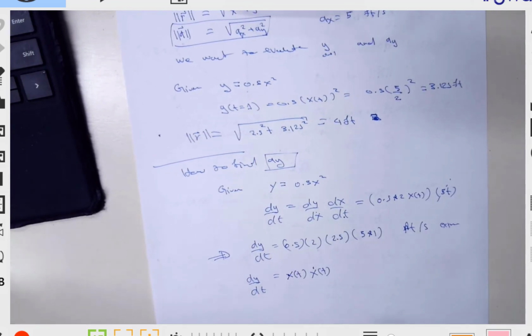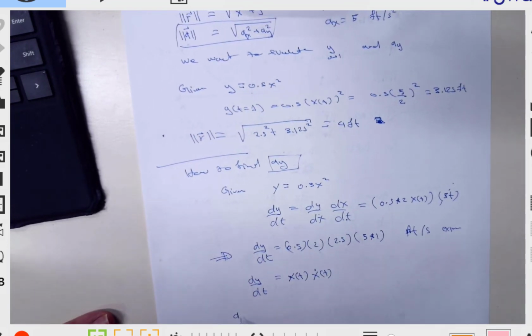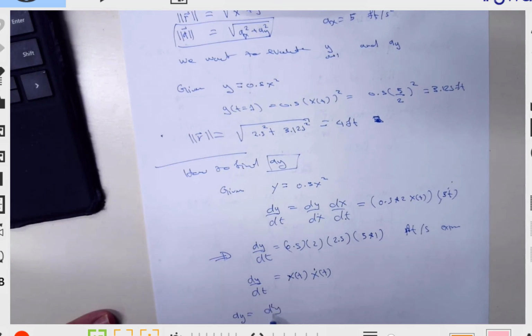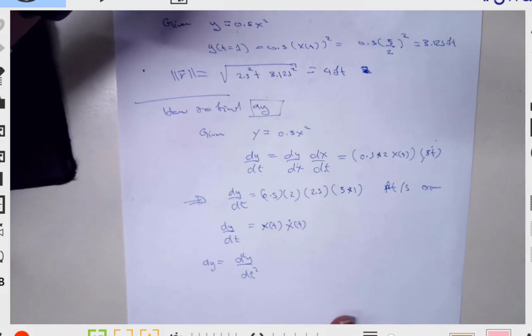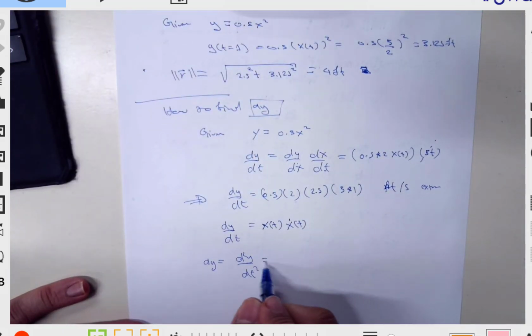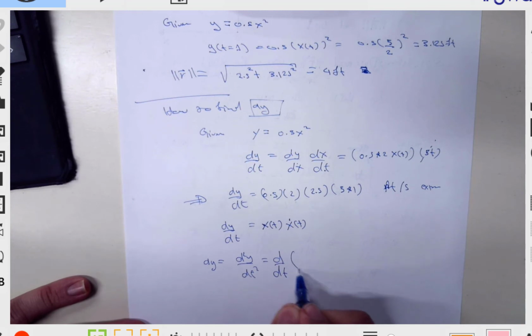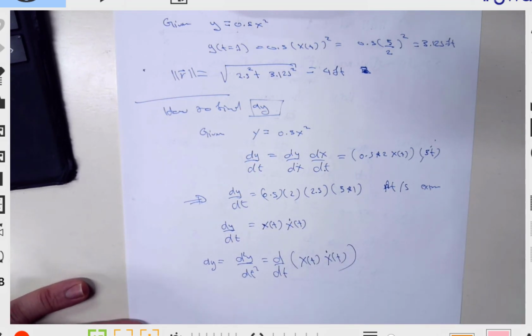Okay, so this is dy over dt. Now if I want to find ay, which is the second derivative with respect to time, it is going to be the derivative of this with respect to time. What does that equal to?